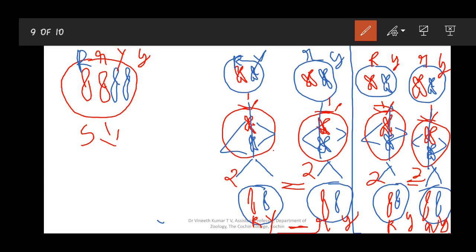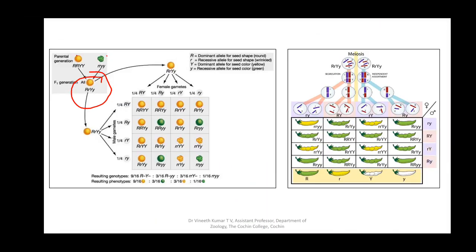As a result, in this particular case, the maximum probable gametes that can be formed is 4 types: 2 with one type of metaphase arrangement, and the other 2 with the other type of metaphase arrangement. So this is about the cytological explanation, and now we are moving on to the cross.